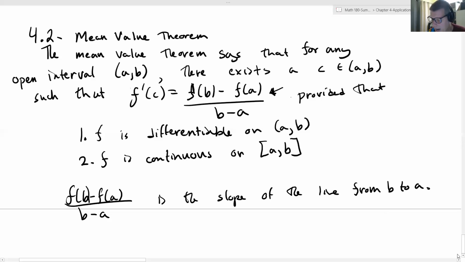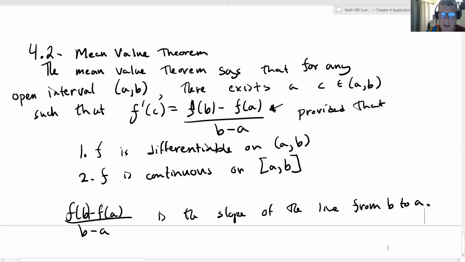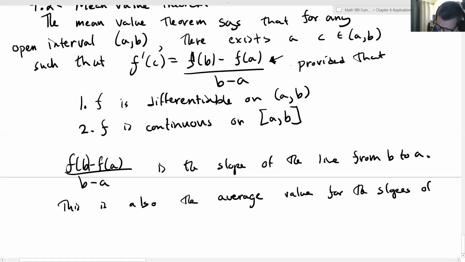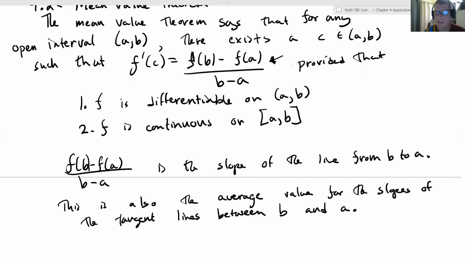If you remember from a little while back, this is also the average value for the slopes of the tangent lines between b and a. So that's kind of why it's called the mean value theorem. It's the average value of all the slopes from b to a.